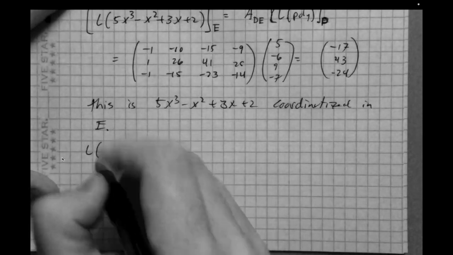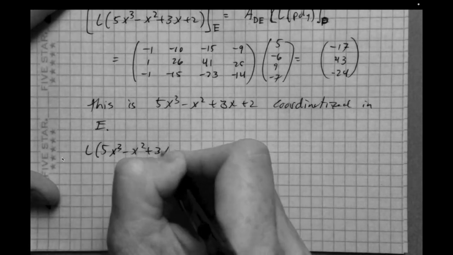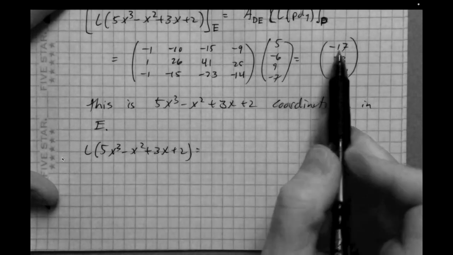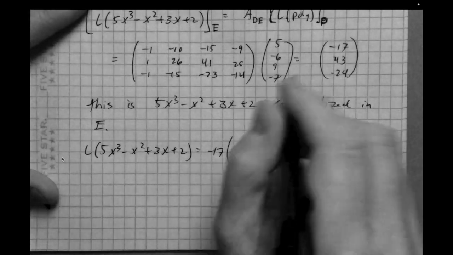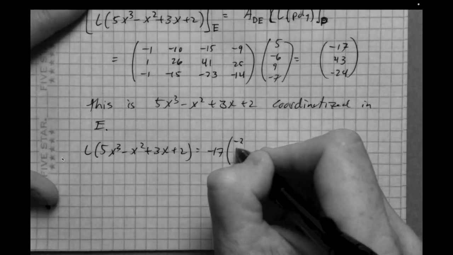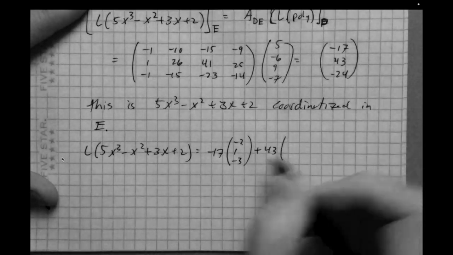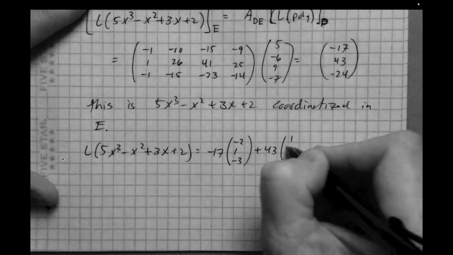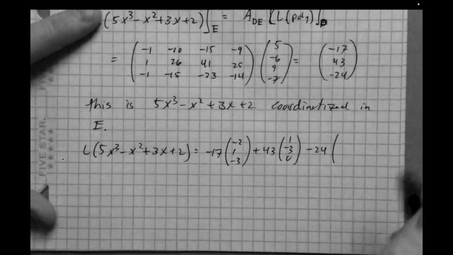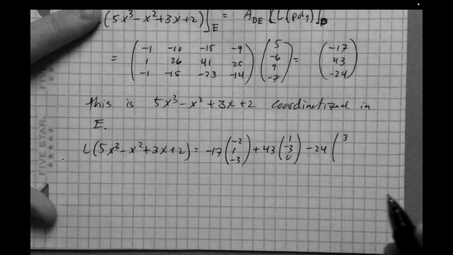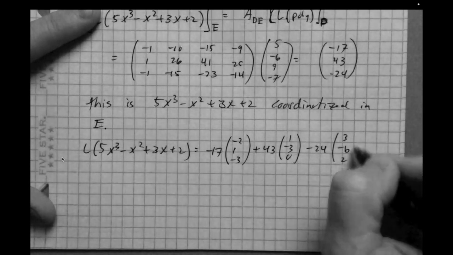So L of 5x cubed minus x squared plus 3x plus 2 is just equal to -17 times the first basis vector in E, which is (-2, 1, -3), plus 43 times the second basis vector, which is (1, -3, 0), minus 24 times the third basis vector, which is (3, -6, 2).